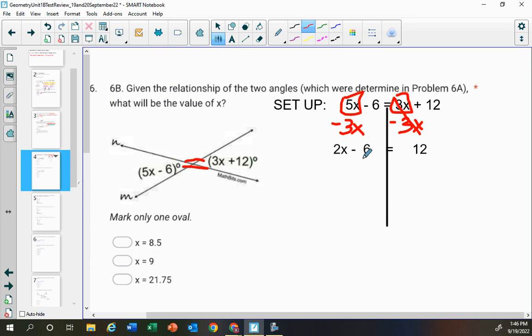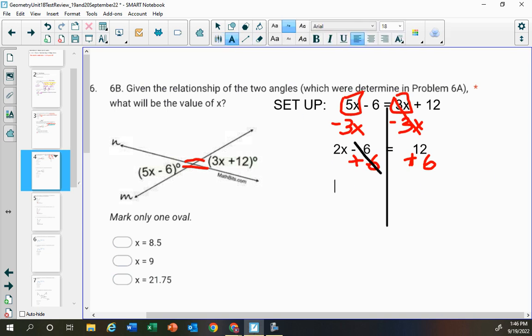All right, I hope we understand, because some of us on our quiz, even after we went over the steps, we're struggling. So then what's left? 2x equals 18. Good.